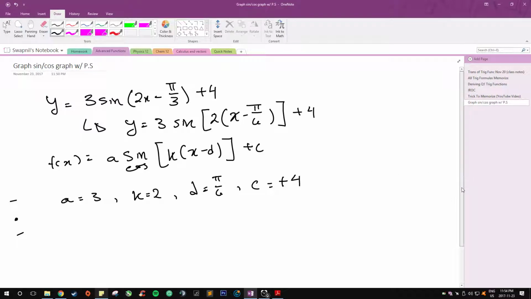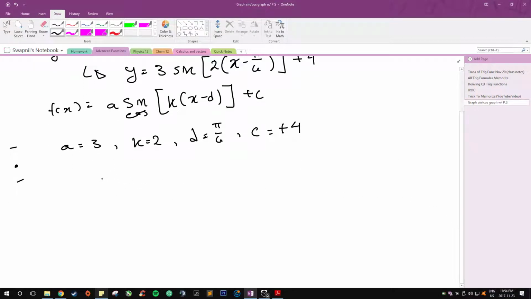Okay, let's get some stuff from this. We know that the amplitude is 3. The maximum value, let's just call it max. So you have a graph with amplitude 3, so it goes like that, right?